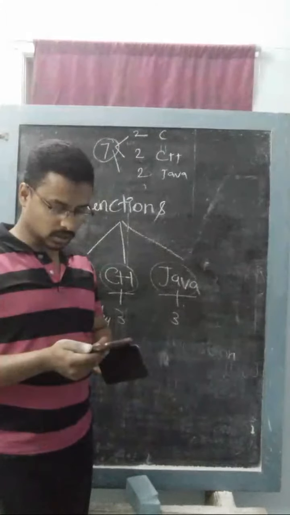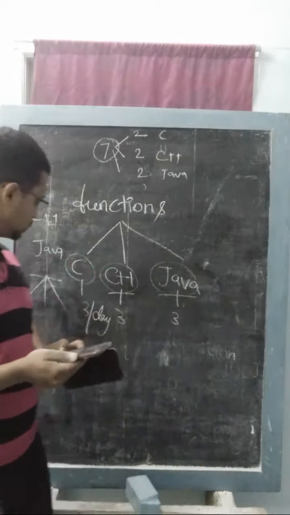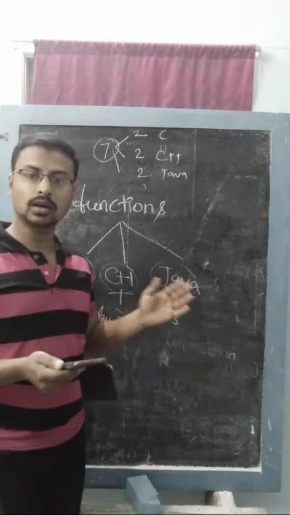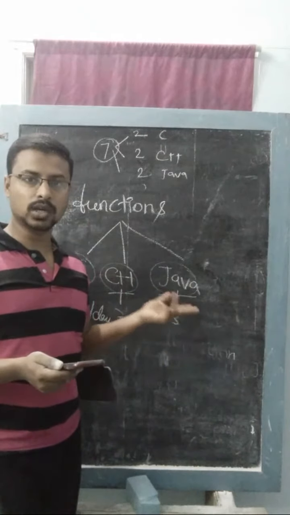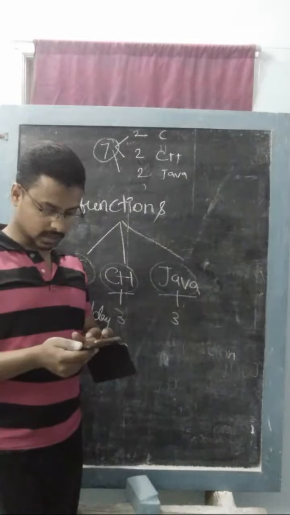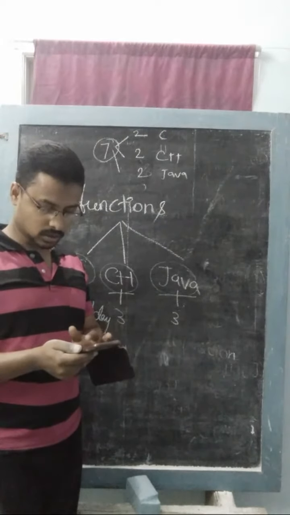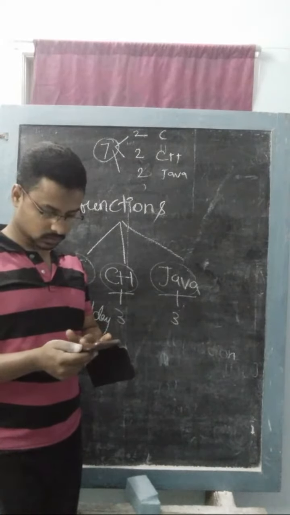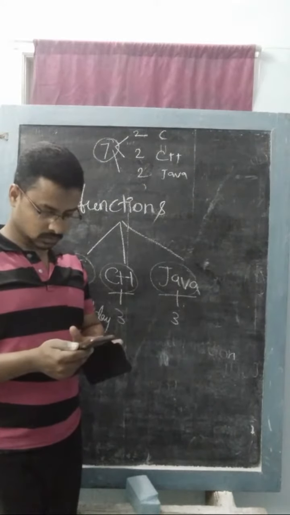Actually, what are you saying, two for what? That is for a week: 2 classes C, 2 classes Java, and 2 classes C++. Are you saying like that? And what is your doubt?